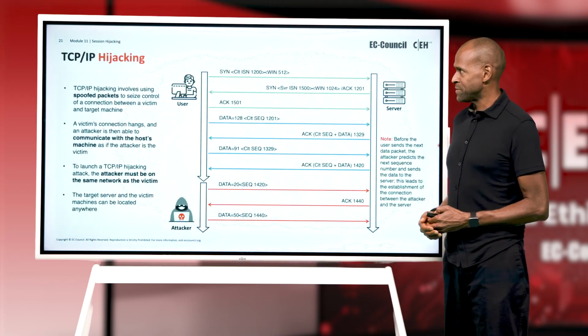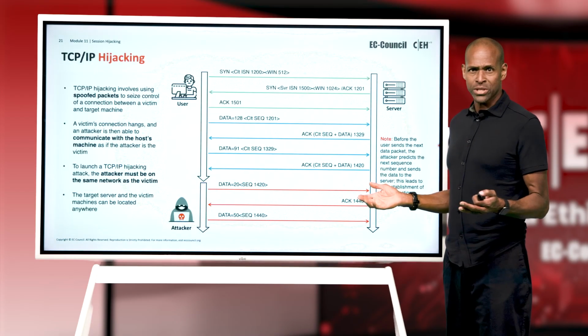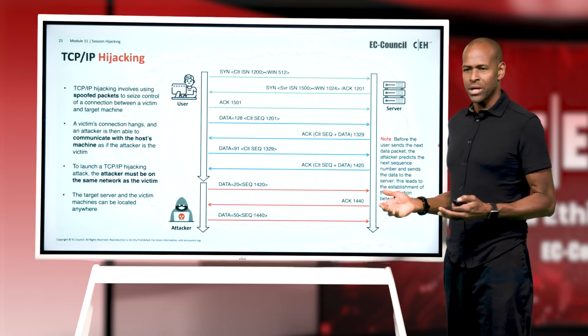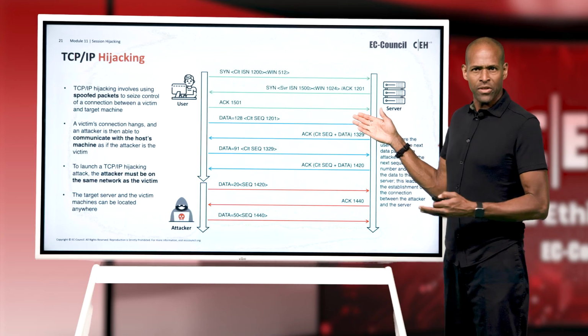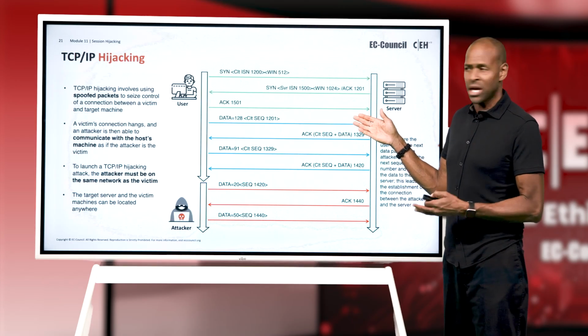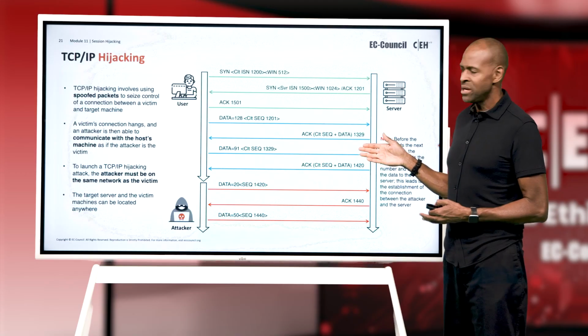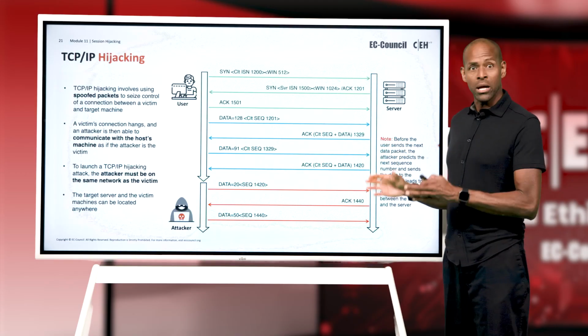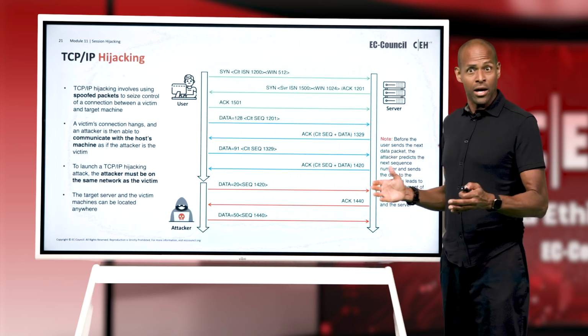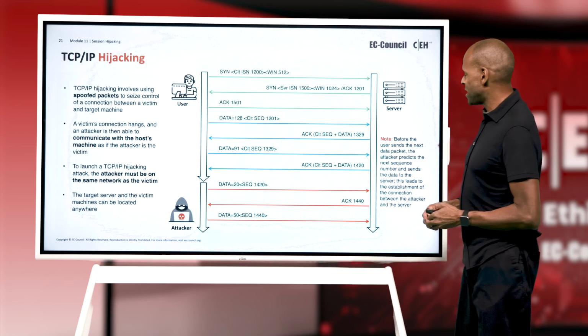Let's have a look at the first one. So the first one we're going to focus on is what in the world is TCP/IP hijacking? I think this should look familiar to you, all of this, because we've talked about it over and over again. Here's the three-way handshake. And with the three-way handshake, we have the sequencing and acknowledging that takes place after that as data is being transmitted. But meanwhile, in a hoodie, there is an attacker.